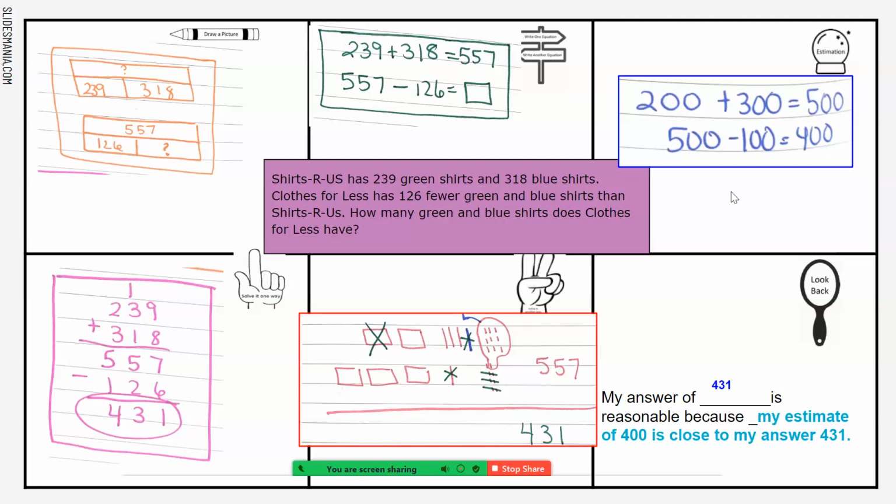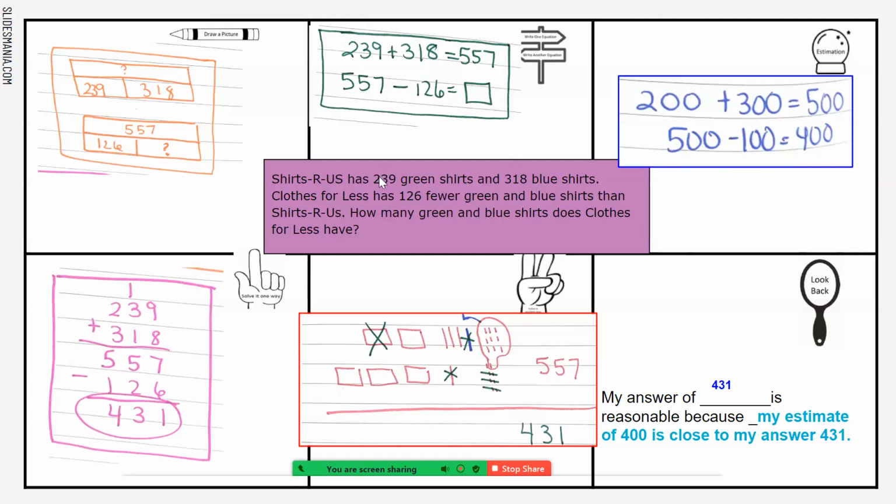Then this one is the estimation. The reason we're working on estimation is because we want to relate it to the reasonableness of the answer that they get when they go through this process or when they're solving a problem. So how does this make sense right here? Well, this is the students justifying again.